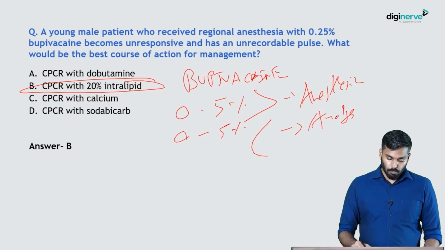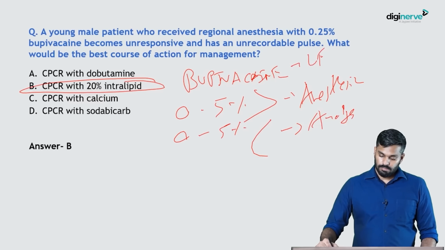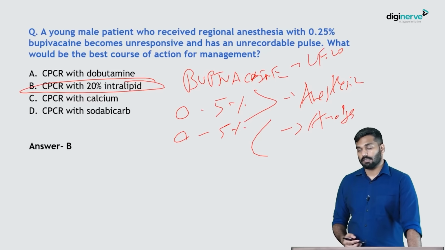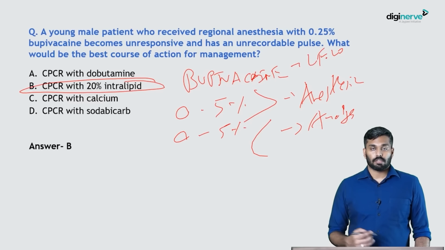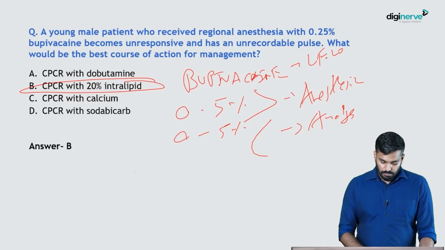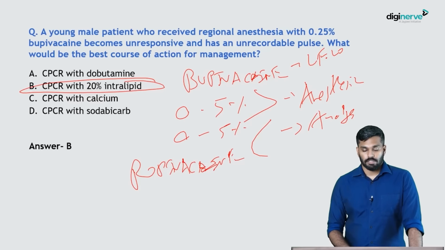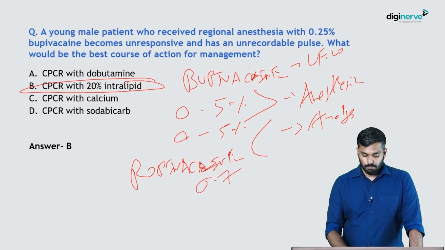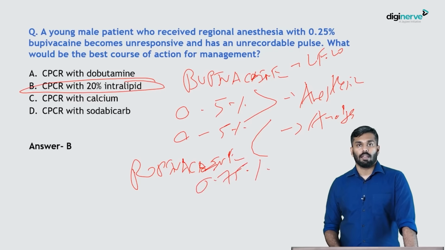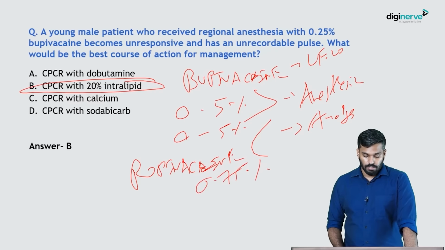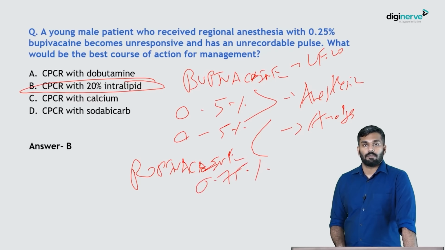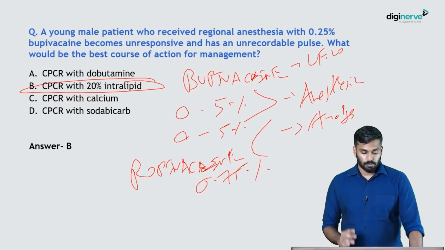Same with levobupivacaine, it's the same, 0.5% and above is for anesthesia, 0.5% and below is for analgesia. In case of ropivacaine, any concentration of 0.75% and above is for anesthesia, okay, and anything 0.75% and below is for analgesia. So remember this.